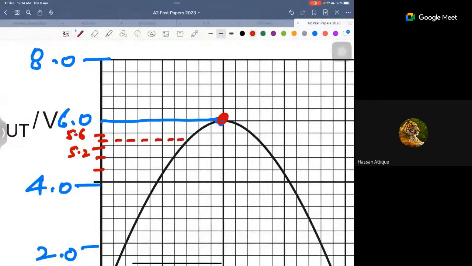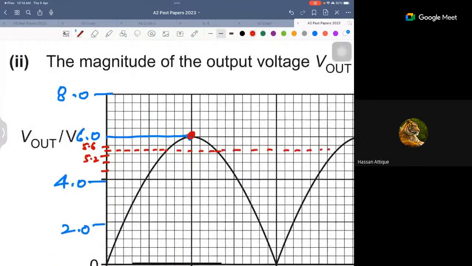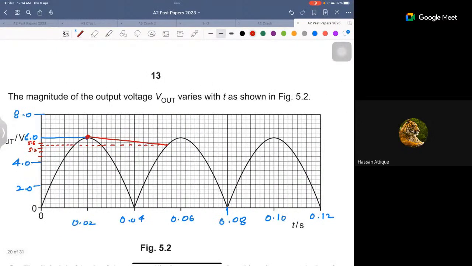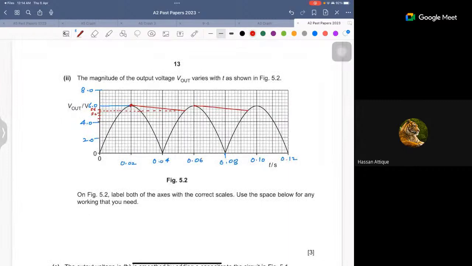So I'm going to go straight till I reach this point, and then I'm going to make a straight line like this, like that. And then I'm going to continue doing the same thing with the other points as well. Here, yes, like this, straight lines. Like this, and leave the other things because we don't have the other peaks, okay?